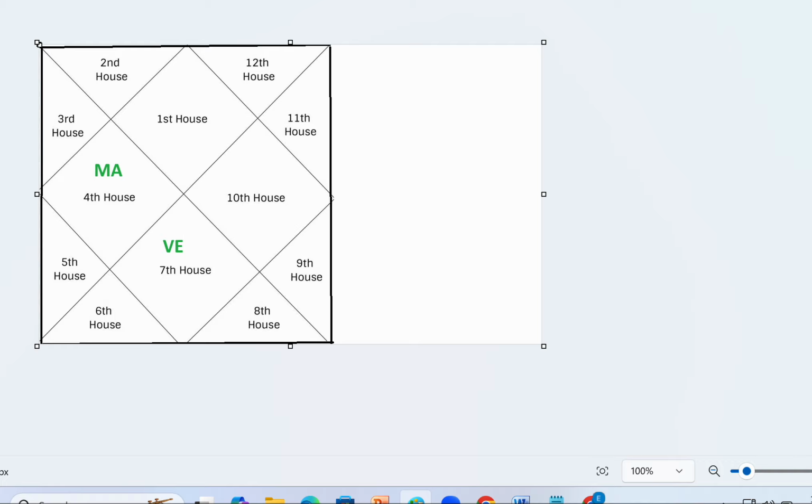So definitely it's going to give a direct aspect to the career. It's going to give a fourth aspect to the seventh house, and an eighth aspect to the 11th house.